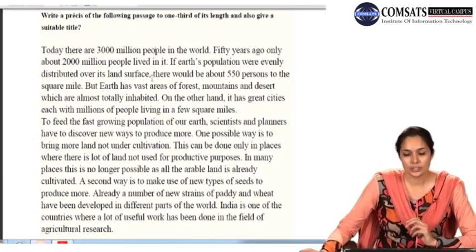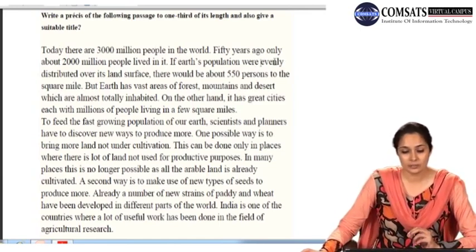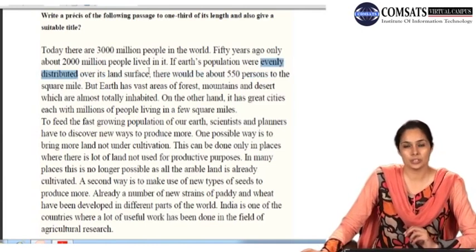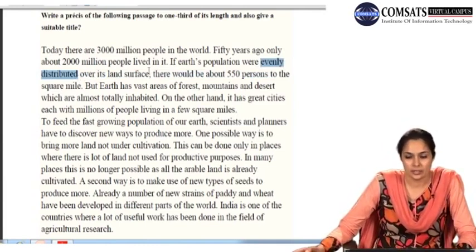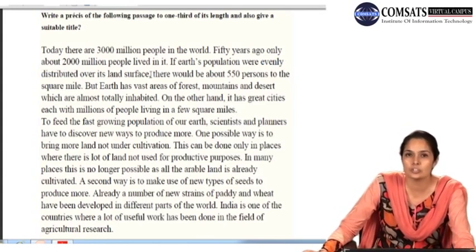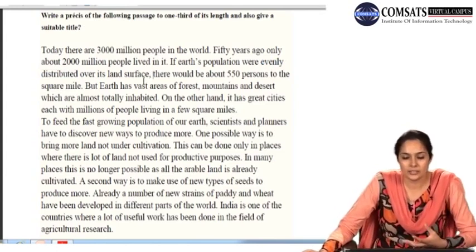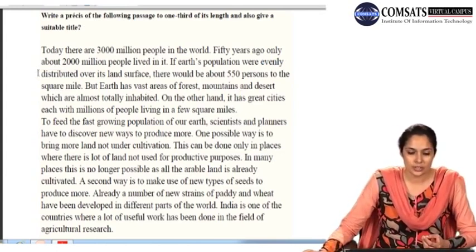And then the second thought is that Earth's population is not evenly distributed. That is, there are cities in which millions of people live in a few square miles, and there are forests, mountains and deserts that are totally uninhabited. So this is another important thought.